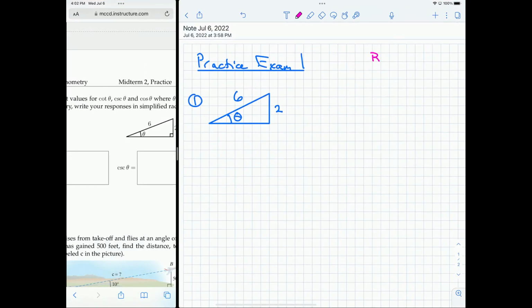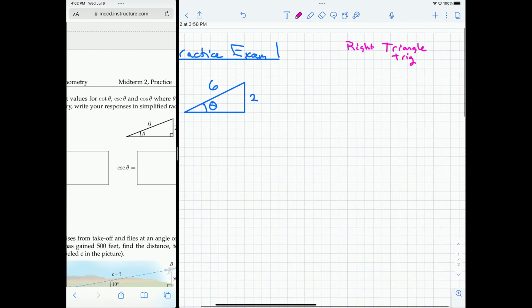So right triangle trig. I said right angle trig, that's not the right word. I want right triangle trig. So here's what we know. We know that in right triangle trigonometry, there's an angle that we label theta.